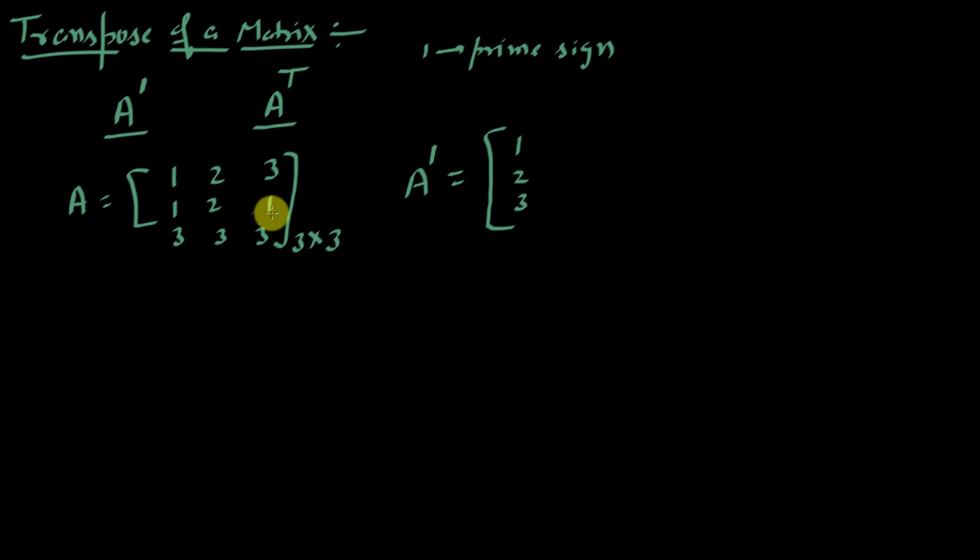Second row is 1 2 1. It will become second column. So 1 2 1. Third row is 3 3 3. So it will become third column.